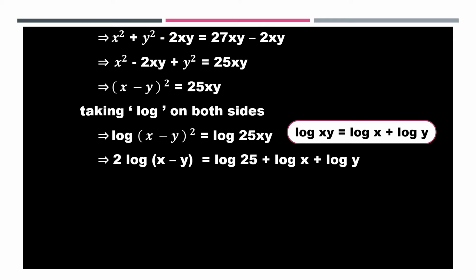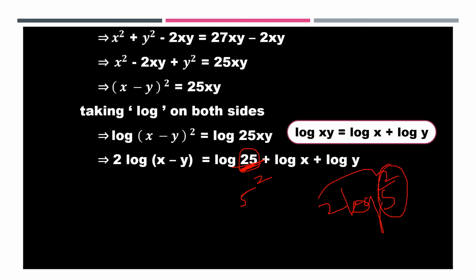Now this 25 again I can write as 5 square, right? Because in the given question he didn't ask you to prove it as 25. He asked 2 log 5, right? You will get 2 log 5 when this 2 is in power. So I'll write this 25 as 5 square. Then I can send this 2 to the front.